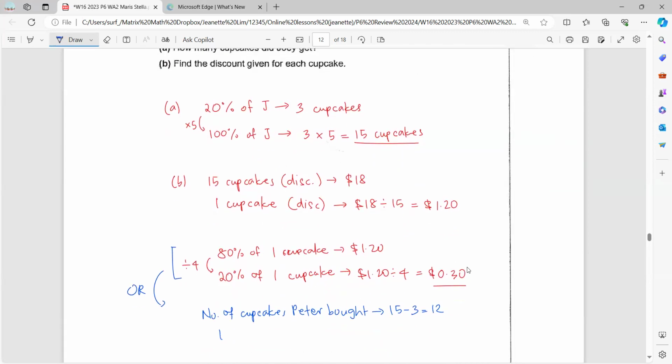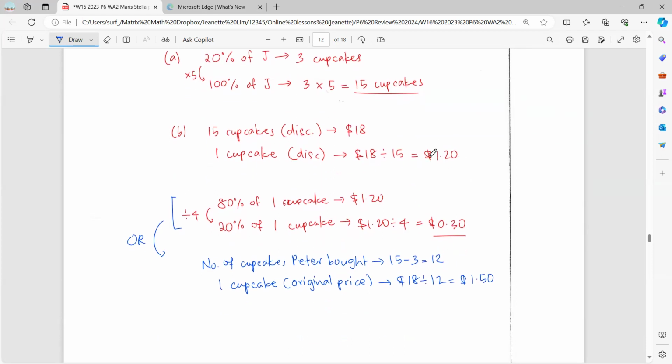So one cupcake original price is $18 divided by 12 cupcakes, which is $1.50. Then you compare the one cupcake that Joey got at and one cupcake that Peter got at, and the difference will give you the discount.